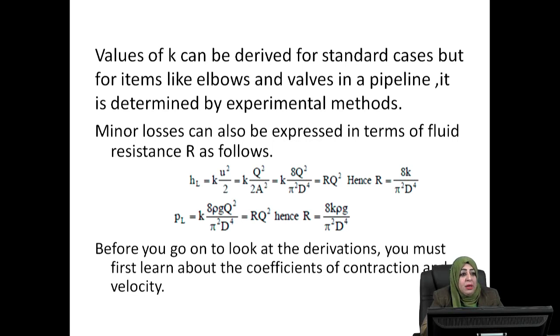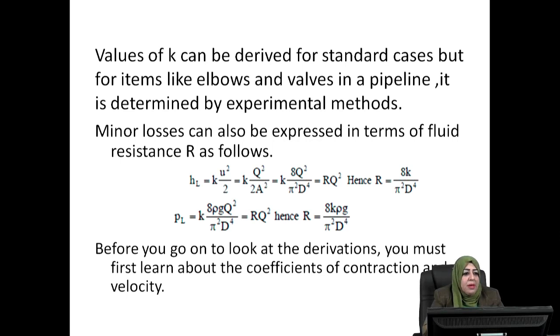Here we converted U to discharge: equals K 8 Q square divided by pi square D to the power 4, equals R Q to the power 2. Hence R equals 8K divided by pi square D to the power 4.